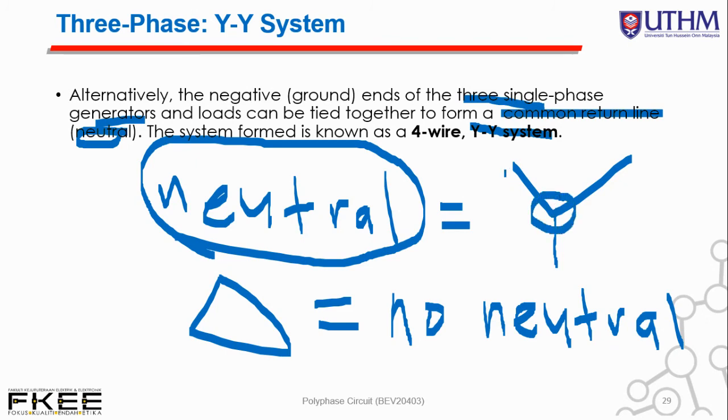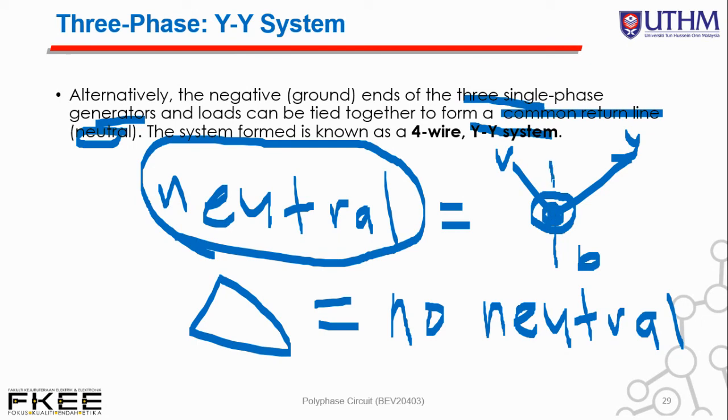From this R, for example, this is Y, and this is B. So these two ends for coil R, these two ends for coil Y, and these two ends for coil B can be connected at one common line, the return line.